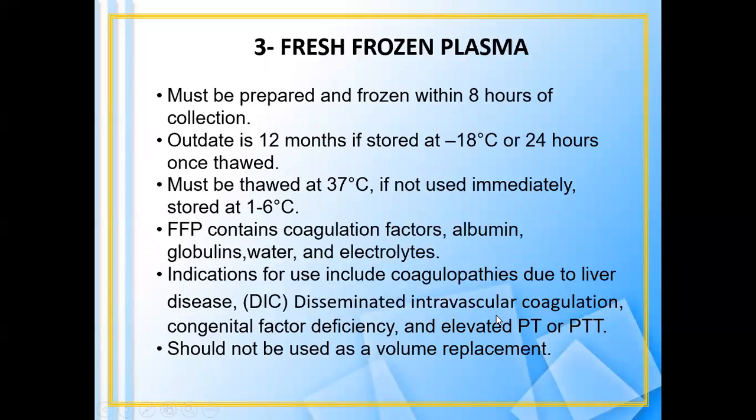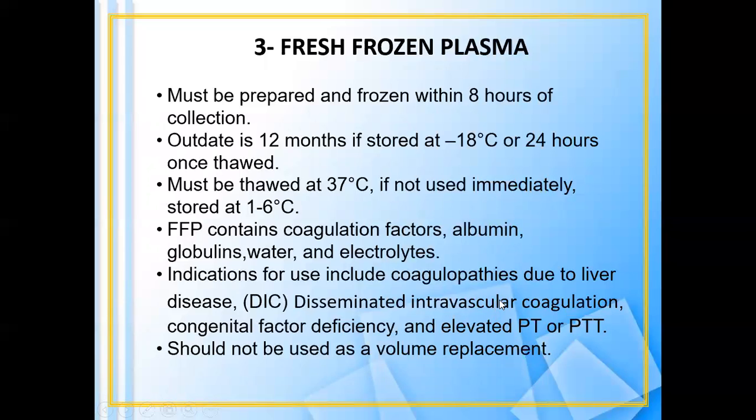Another kind of blood component is the fresh frozen plasma. Fresh meaning fresh, frozen is frozen. Plasma is the component which is present in the whole blood. We freeze the plasma from the whole blood directly after the donation.